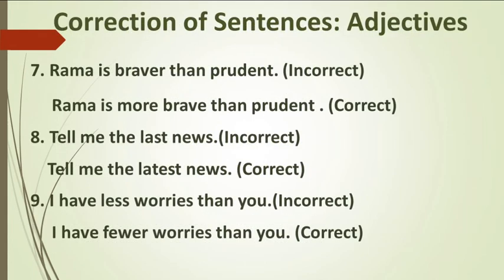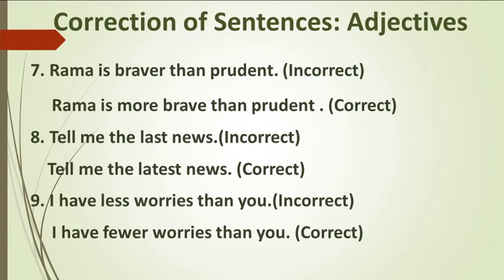Next example: Rama is braver than prudent. Rama is more brave than prudent. Here the second one is correct because the comparative adjective with er, like brave plus er, braver, is not used when we compare two qualities in the same person or thing.